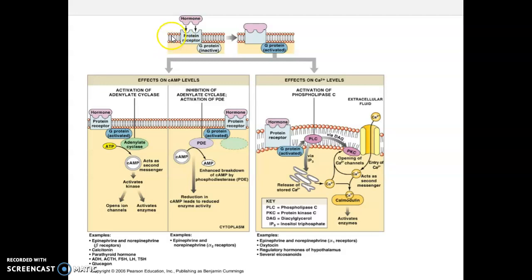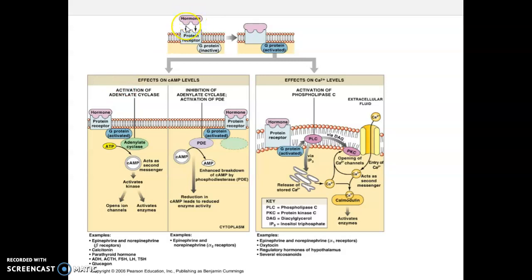In this picture we see a cell with this phospholipid bilayer membrane and a receptor that is fixed into the membrane. So the hormone attaches from the outside, just like we talked about neurotransmitters opening up doorways or causing some sort of reaction.